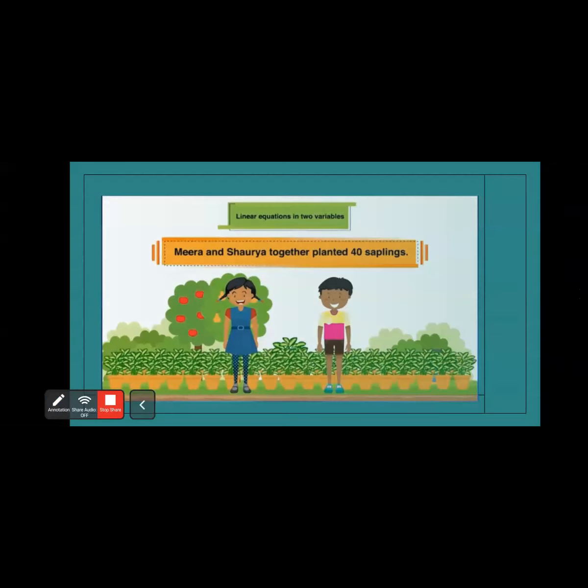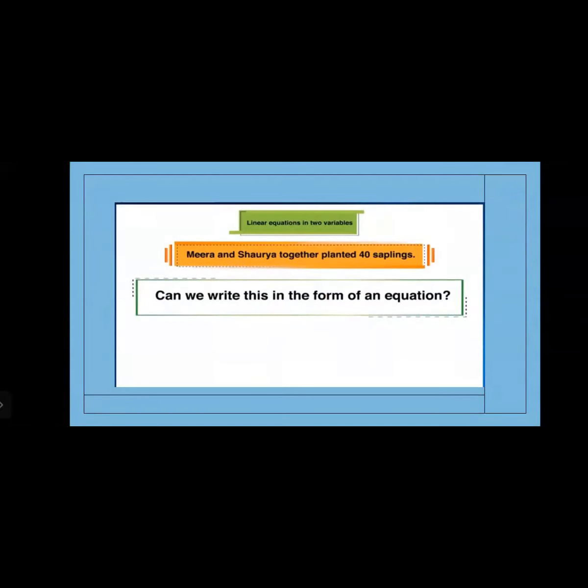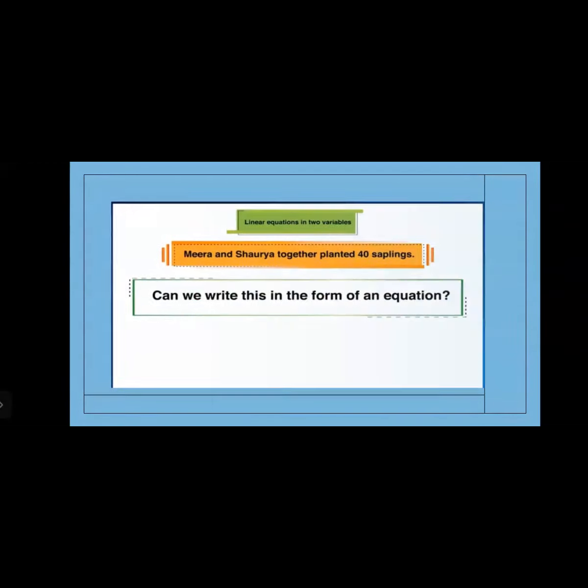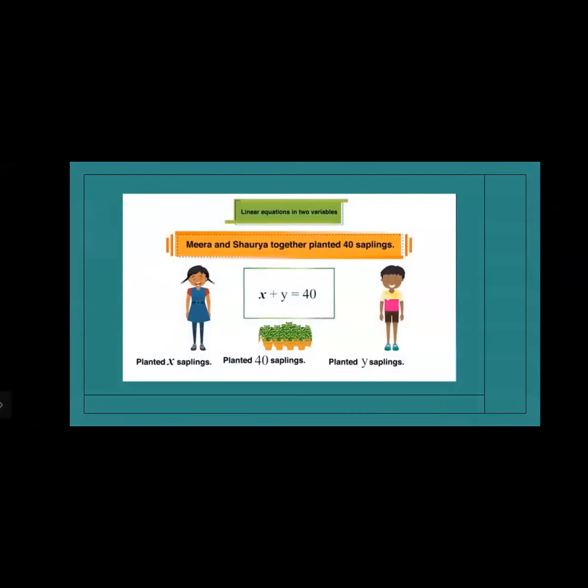So what we will do is write this statement in equation form. How can we write this in mathematical form? Let us see. What is the condition given? That together they planted 40 saplings. Two things are there, Meera and Shaurya.